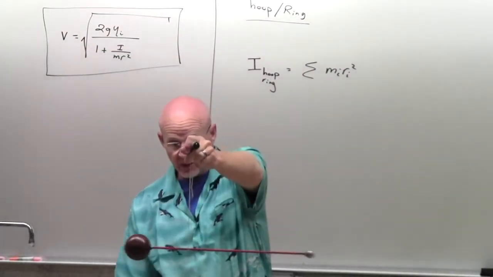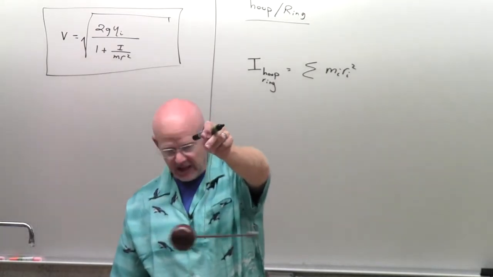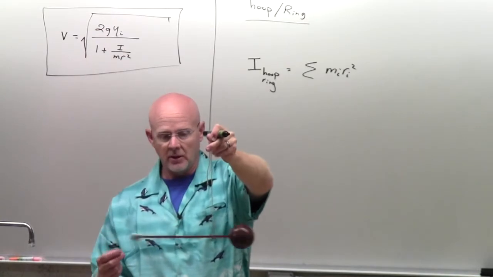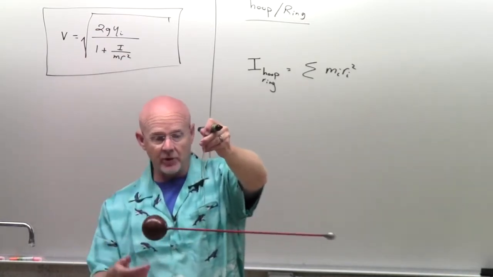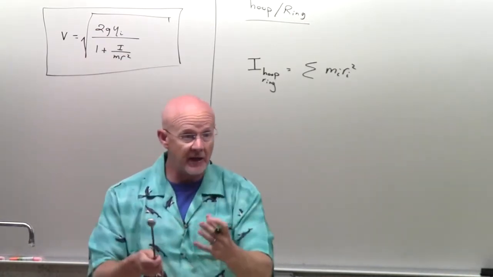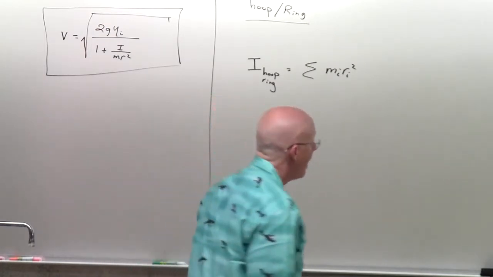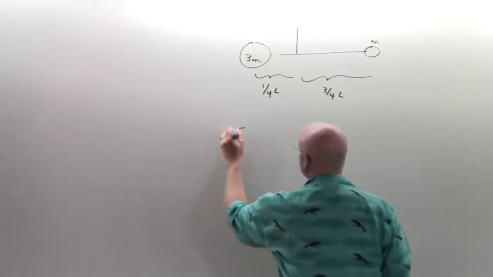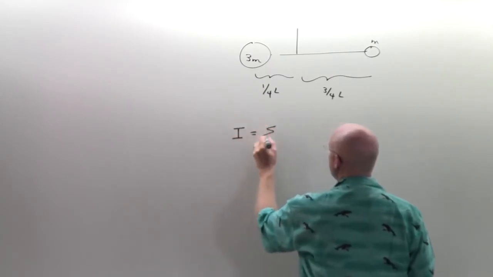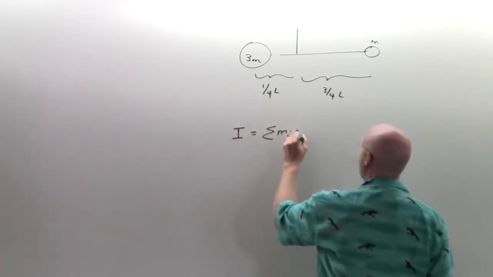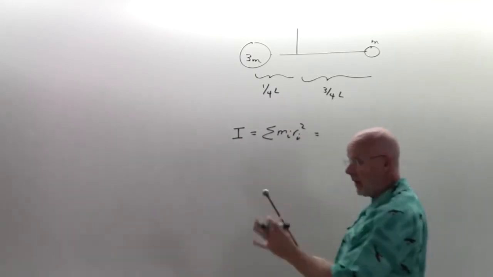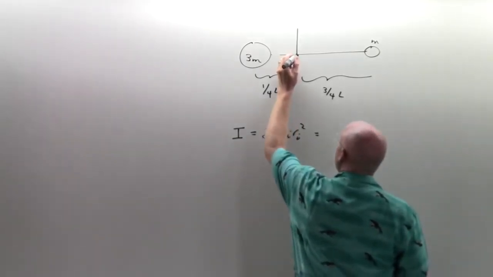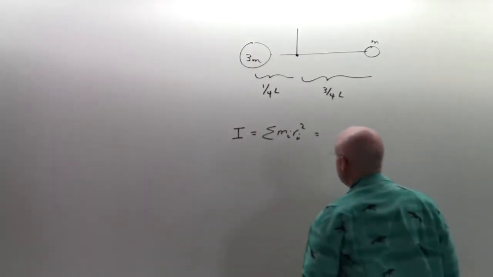And let me not go back and repeat the proof that that is the center of mass, but I'll tell you that is the center of mass. And so if this thing was spinning, this would be a fairly easy calculation. I've got 2 objects. And of course, just like last chapter, I'm ignoring the metal rod that is connecting the 2. But if I were to ask what is the moment of inertia of this, I would say, well, it is the sum of m_i r_i squared. And I would have 2 objects. Let's measure here from that center of mass.